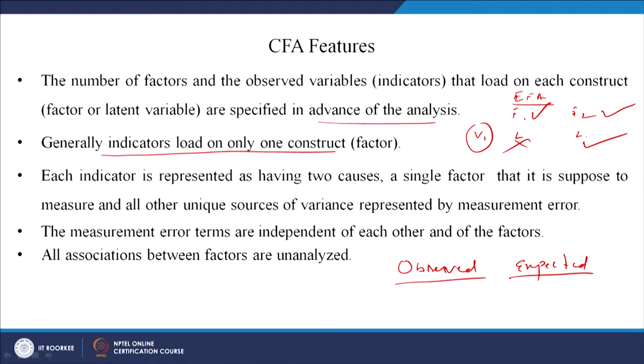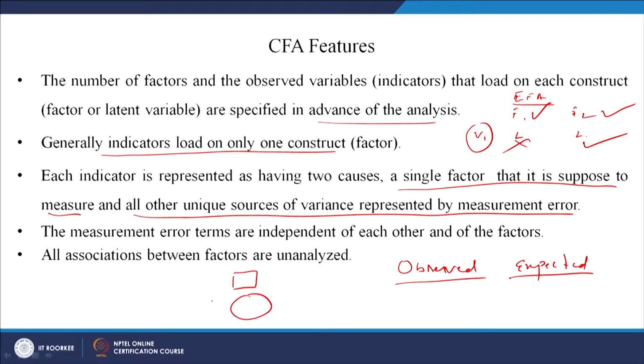Each indicator is represented as having two causes: a single factor that it is supposed to measure, and all other unique sources of variance represented by the measurement error. So, there is one thing called the measurement error, which we show like a rectangle, and then there is a construct which it is supposed to measure. These are the two things that we will be checking here.